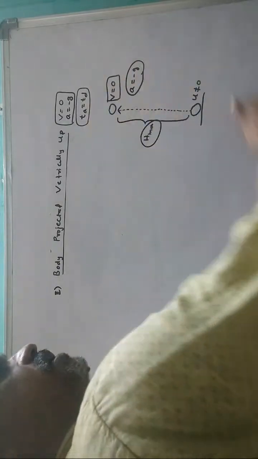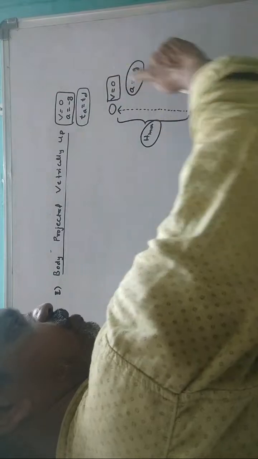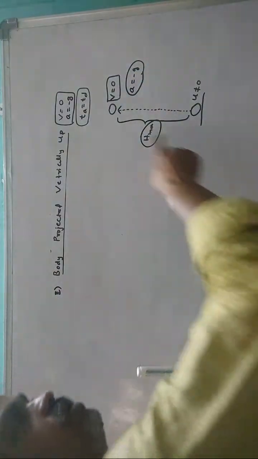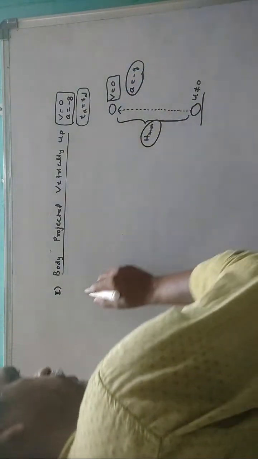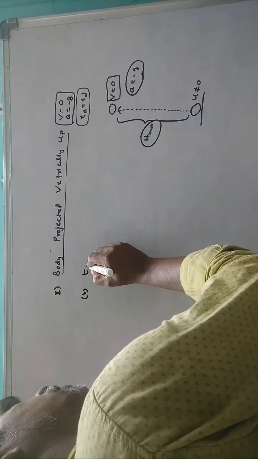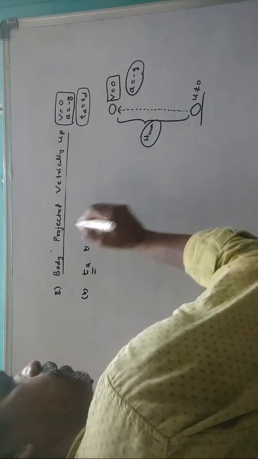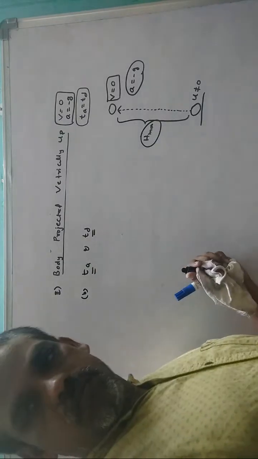So this is the vertically projected diagram. Final velocity at maximum height v equals 0, a equals minus g, u not equal to 0. This is h max. Time of ascent and time of descent, both are equal.